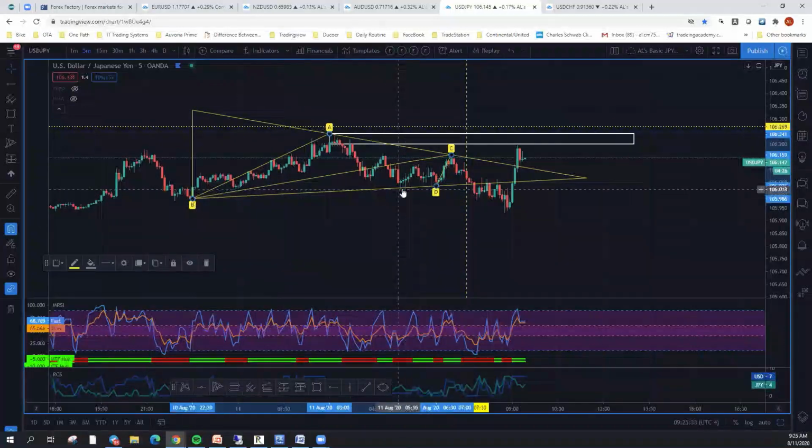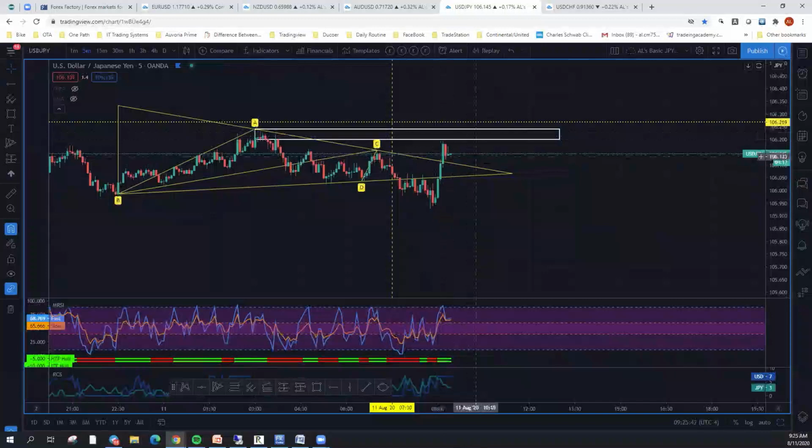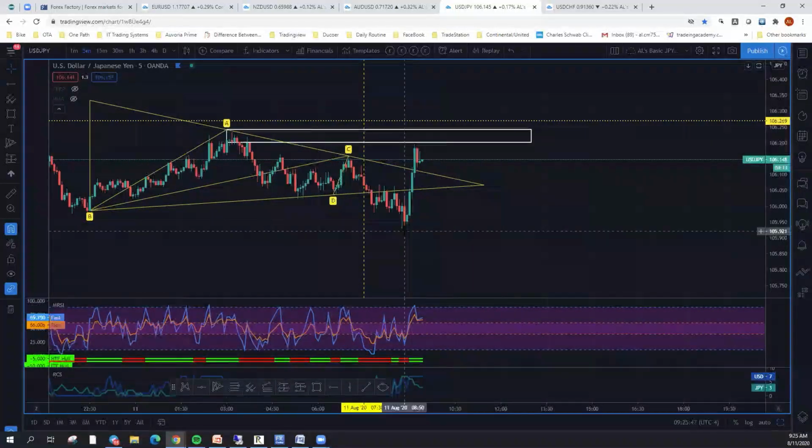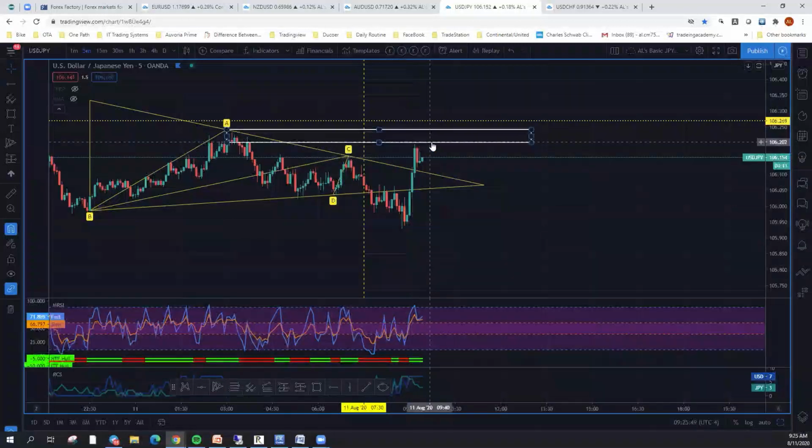Anchor, a hit, third hit, broke down, comes back up, retests the wedge. And now we're in no man's land waiting to see what it's going to do. This was a nice strong move to the upside, came right up here, hit it. Now the question is if we have the strength.